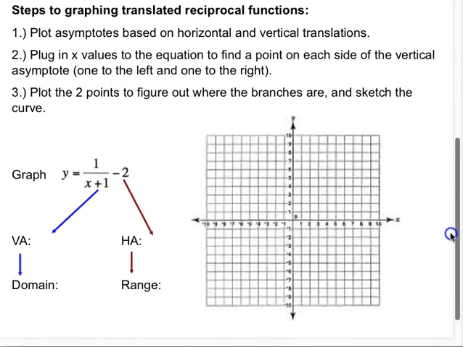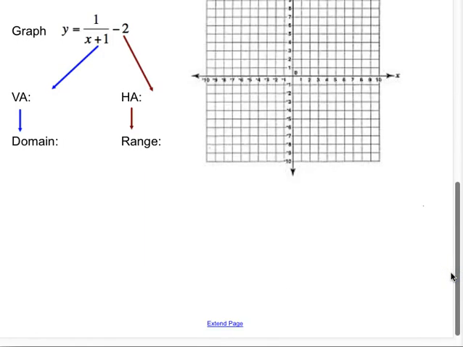So let's step through this process. The first thing that I'm going to have you do is identify the asymptotes. All right, so right here, that is moving my x one to the left.